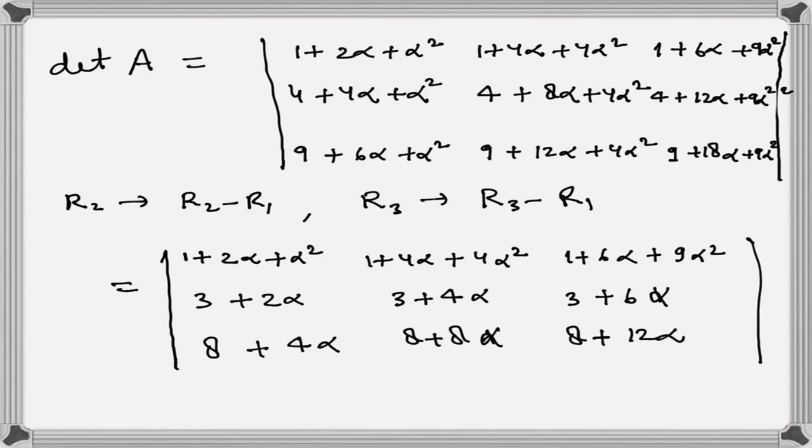Now we again do some elementary row operations. For example, if I multiply the second row by 2 and subtract it from the third row, the operation is R3 minus 2 R2. There is no change in the first and second rows.